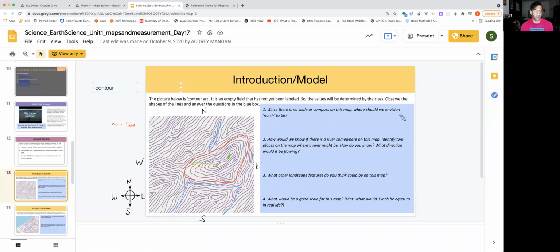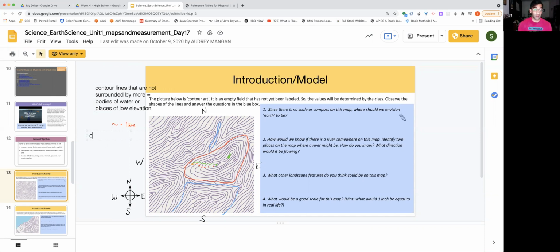So the basic idea, and I'm going to put it on the side, is that contour lines that are not surrounded by more represent usually bodies of water or places of low elevation. Elevation means vertical distance above sea level.